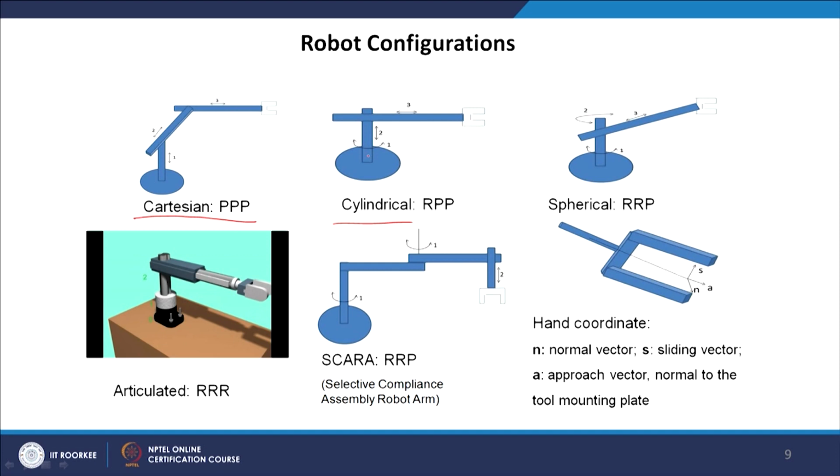It is cylindrical because one prismatic joint link will go up and down like this, and another link will move forward and backward, and one link is revolute, the base is rotating.